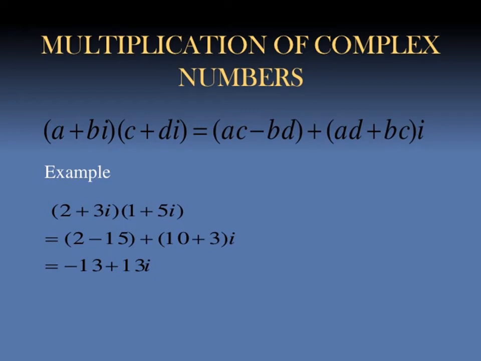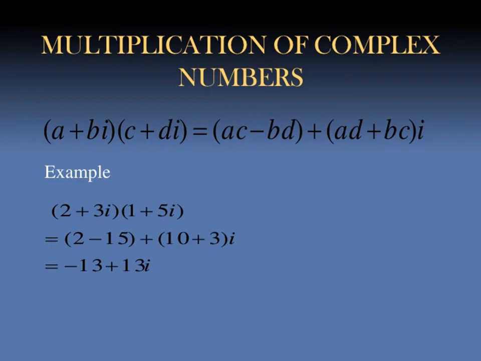That is 2 into 1 is 2, 2 into 5 is 10, that is 10i. 2 plus 10i. Next, multiply 3i with the bracket 1 plus 5i. 3i into 1 is 3i. 3 into 5 becomes 15, and i into i becomes i square, and i square becomes minus 1. Therefore, minus 1 into 15 becomes minus 15.